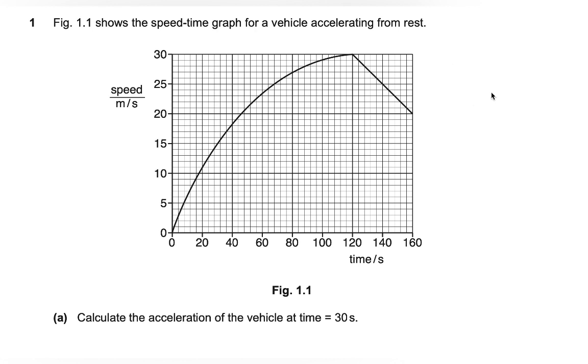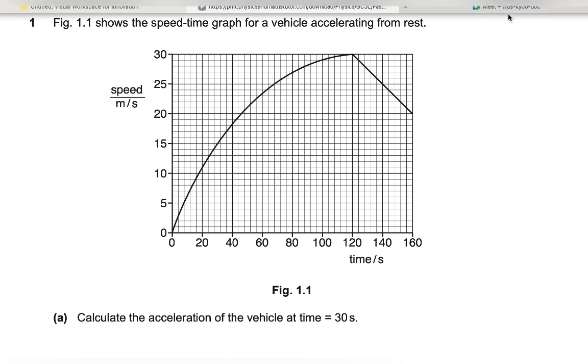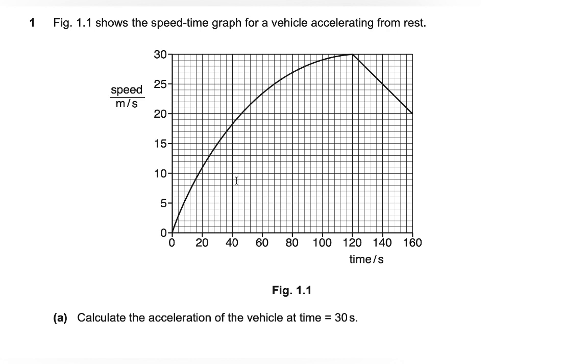So we need to locate 30. This is 20, this is 40. There are 5 boxes between 20 and 30, so 30 will be 2.5 boxes away. You draw it.